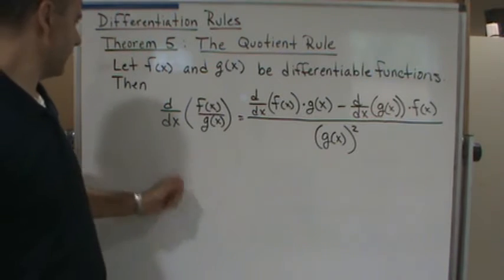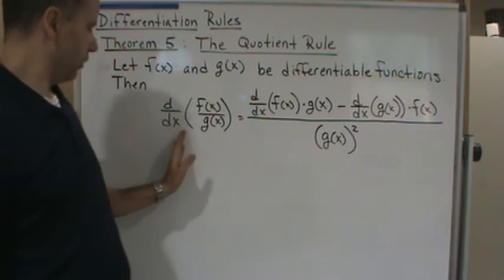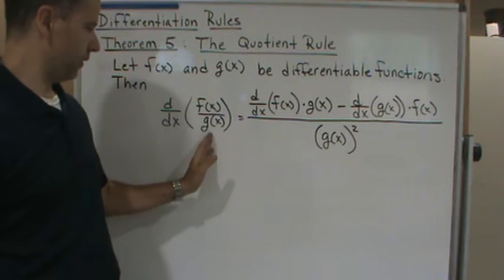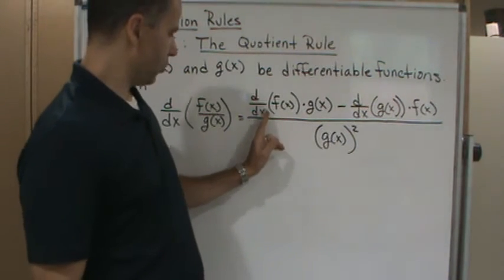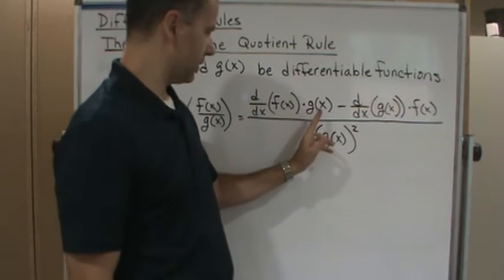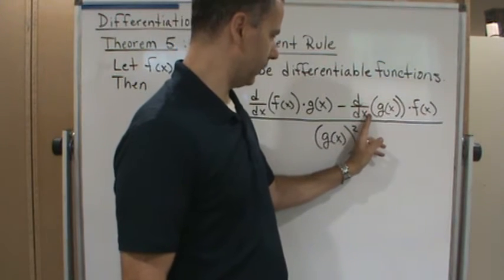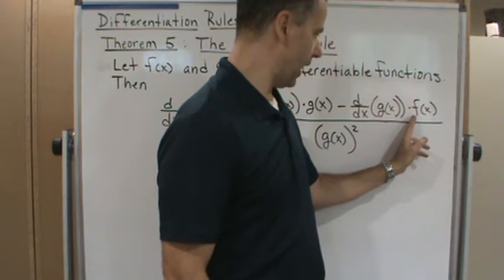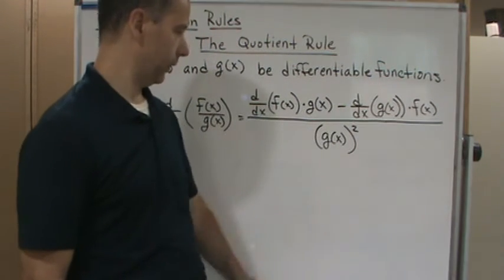So what this is saying is that if f and g are differentiable functions, then the quotient rule says the derivative of the quotient is actually this thing. So what is this? You take the derivative of the top function times the bottom minus the derivative of the bottom times the top divided by the bottom function squared.